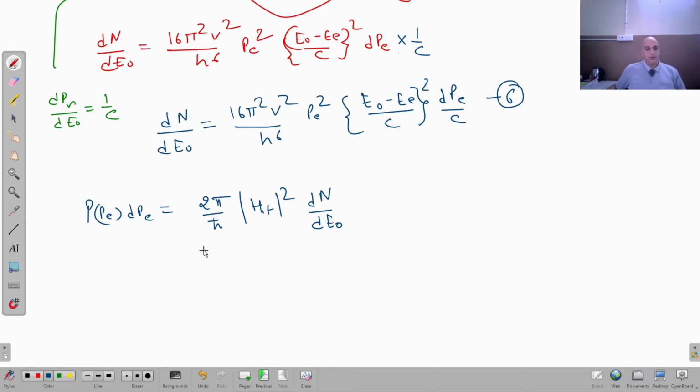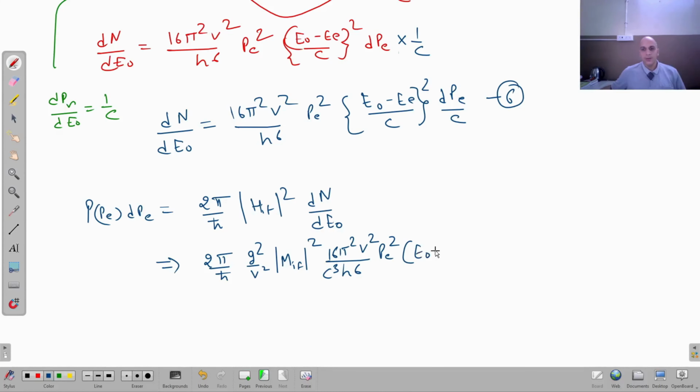So I am putting all these values here: 2 pi upon h cut into HIF, which was G upon V square, into M_IF whole square, into this factor 16 pi square B square upon h power 6 into P_e square. You can take C square into C, it is C cube, P_e square into (E naught minus E) whole square dP_e. This is equation number 7, right?